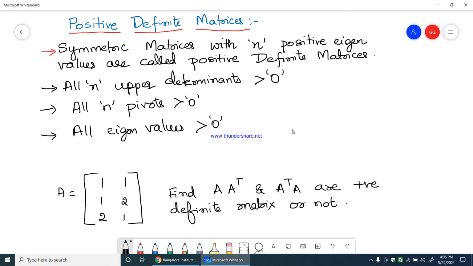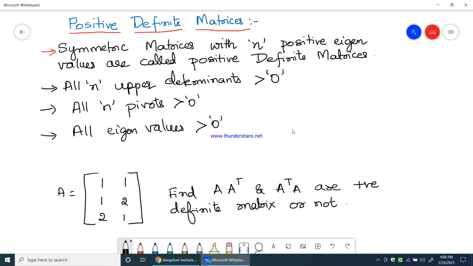Second, for any given matrix, if you find the n upper determinants, let me show you in the problem what upper determinants are, those determinant values should be greater than 0. If that is the case, then we say it is a positive definite matrix.